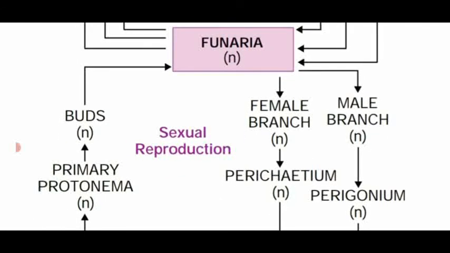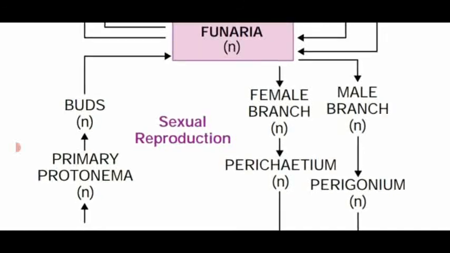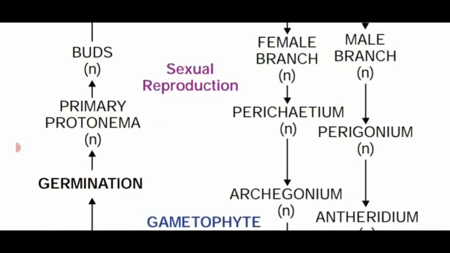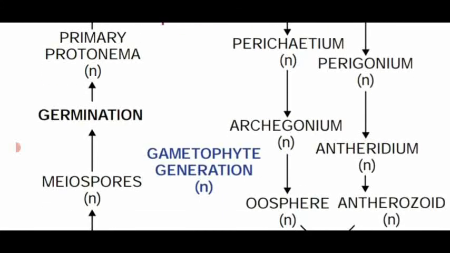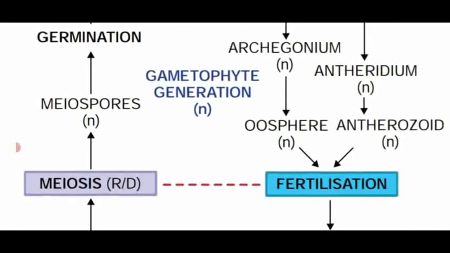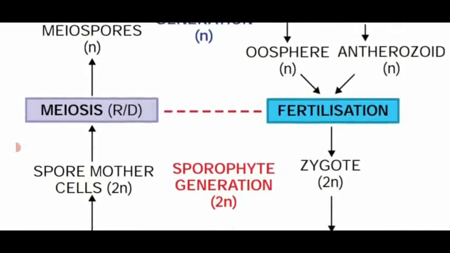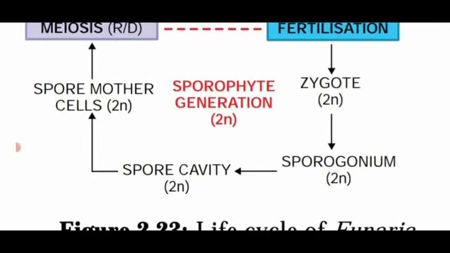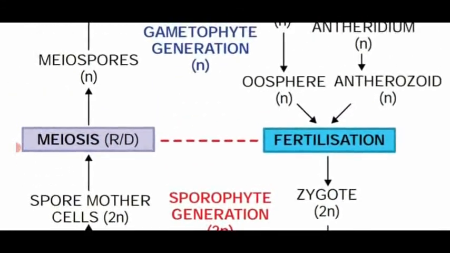In Funaria, the female branch and male branch bear the perichaetium, female, and perigonium, male, with archegonium and antheridium, oosphere, antherozoid, fertilization, and zygote. Up to fertilization is the gametophytic phase or generation.